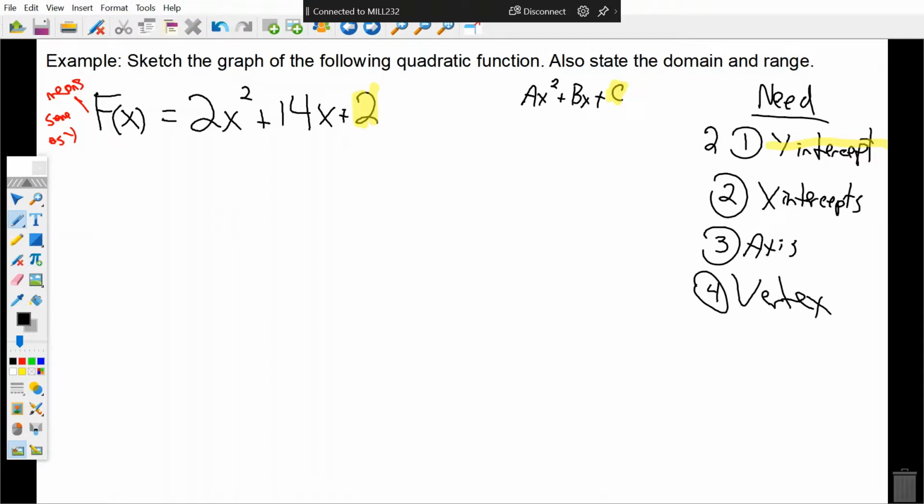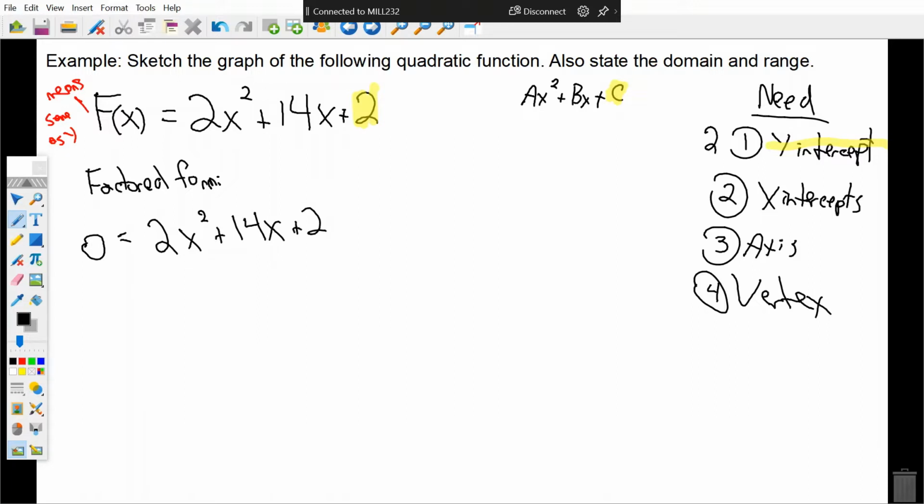We want to get into factored form. So now you have to go back to the skills you used in Foundations 10 when you learned how to factor trinomials.